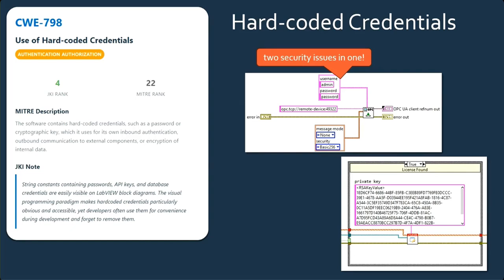So in this case, we want to make sure that we don't put private keys or passwords or anything on our block diagram. There are methods that people can use to inspect your block diagram code, even in locked executables, so that's certainly something we want to be careful about. But it's generally a bad practice.